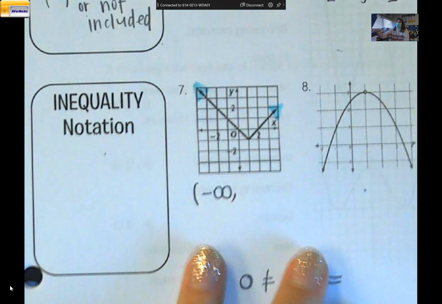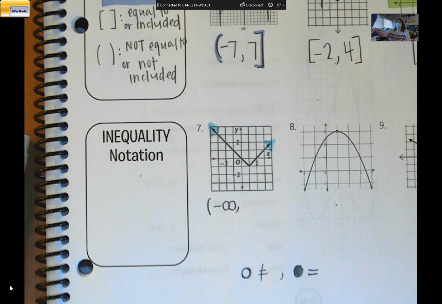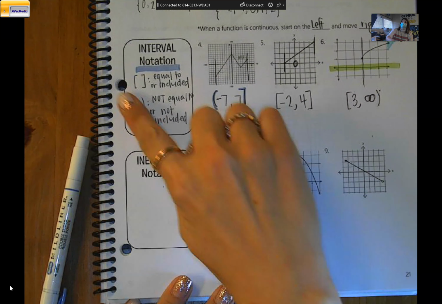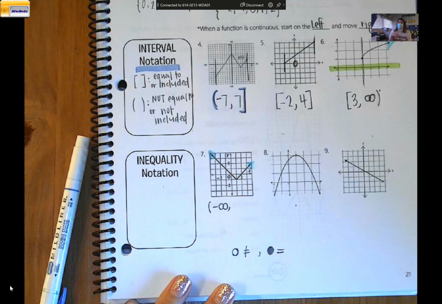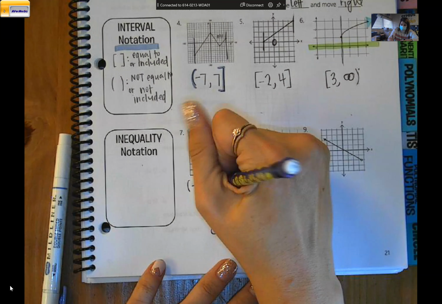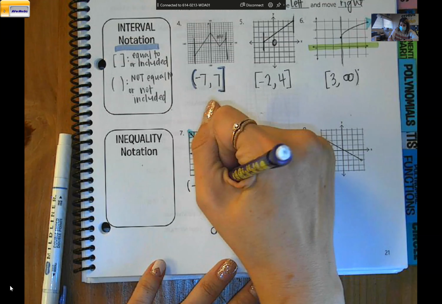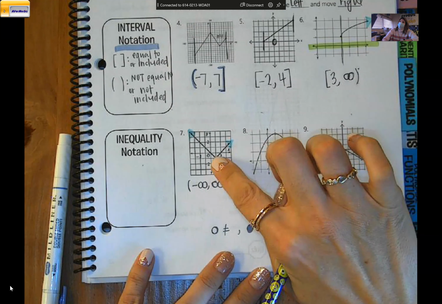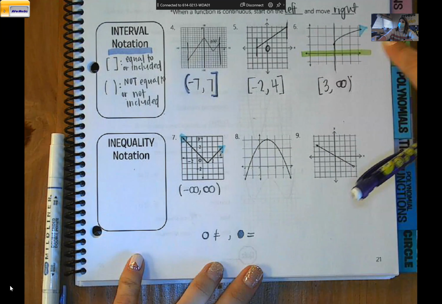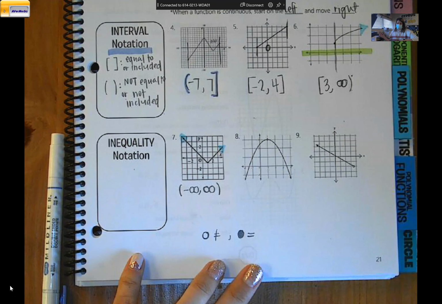Even though it looks like he's pointing up, eventually he's going to hit infinity because he keeps moving out further and further to the left. So it's similar for the right-hand side. Where's the right-hand side going? Infinity. And once again, even though it's pointing up, it's still going to go on to the right forever.